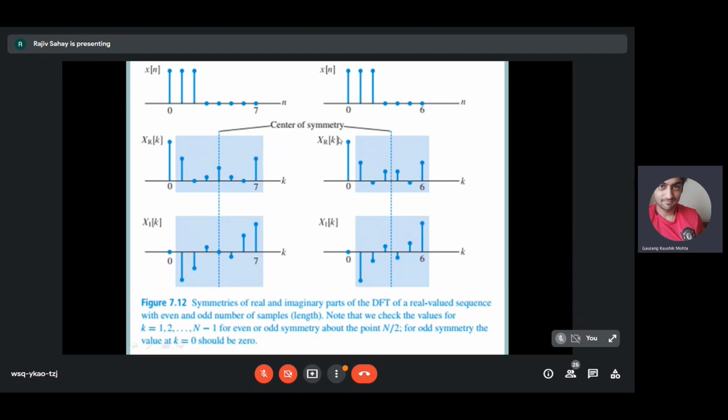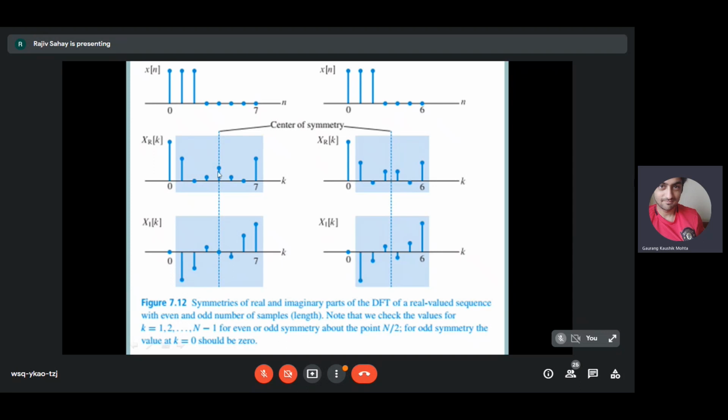So if you see both the diagrams, for an odd number of discrete samples, you will have the center of symmetry in the middle of two samples, whereas for even capital N, you will have the center of symmetry at N by 2.